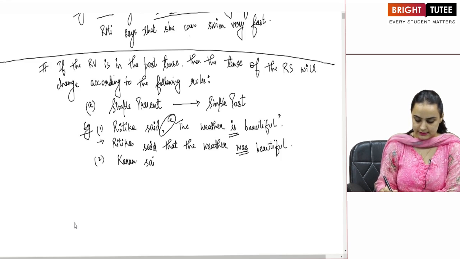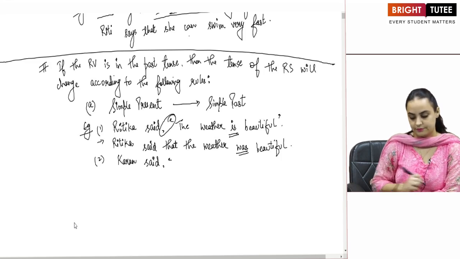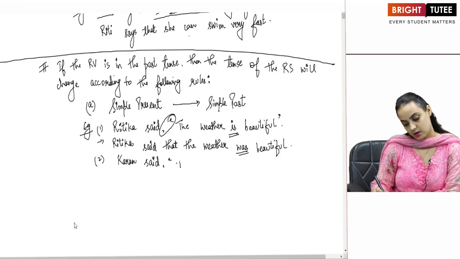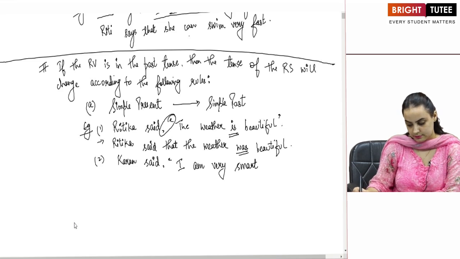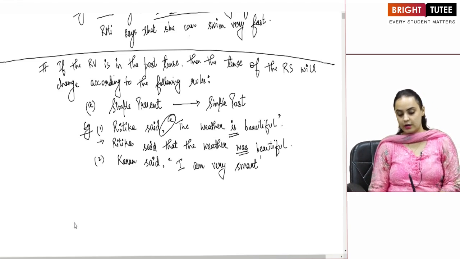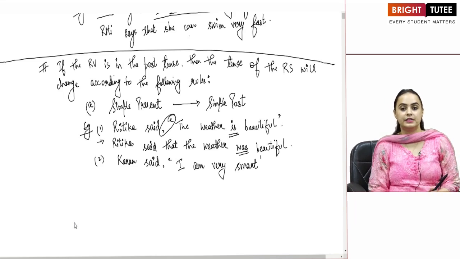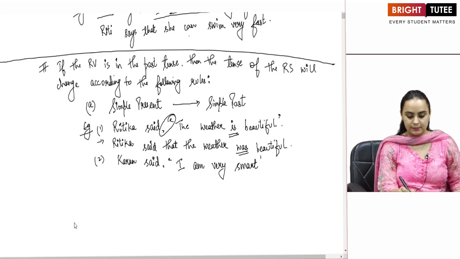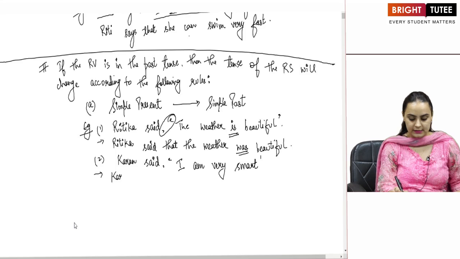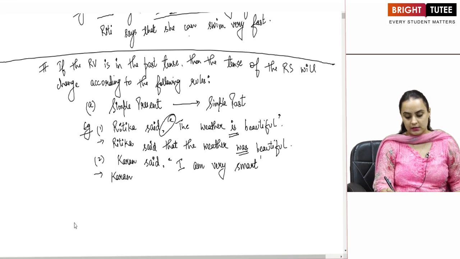Another example. Karan said, I am very smart. So Karan said, I am very smart. My speaker Karan remains as it is. Said remains as it is.